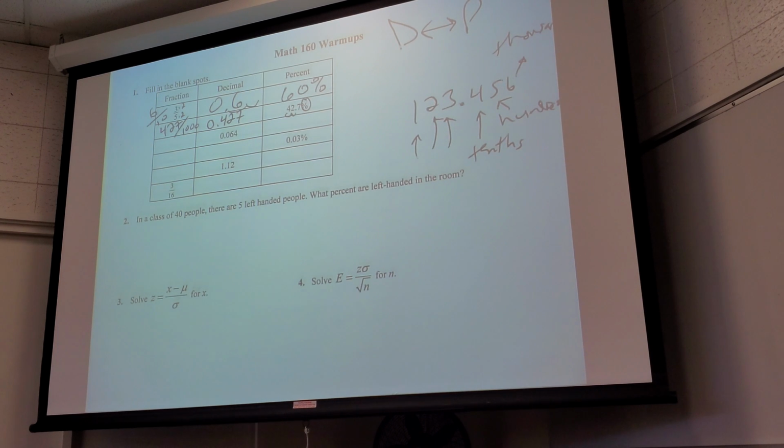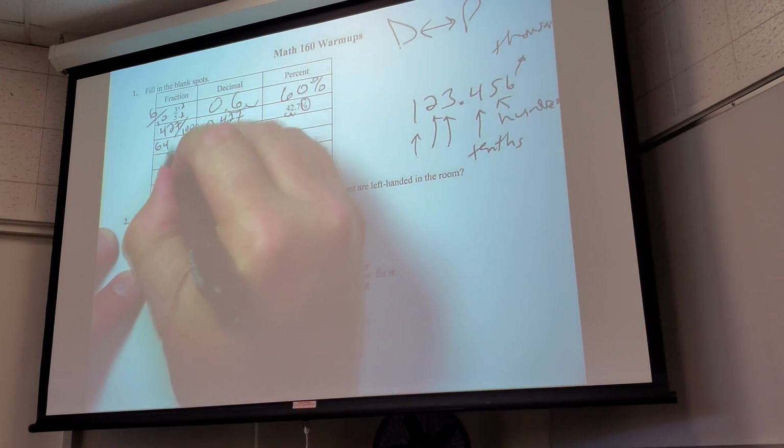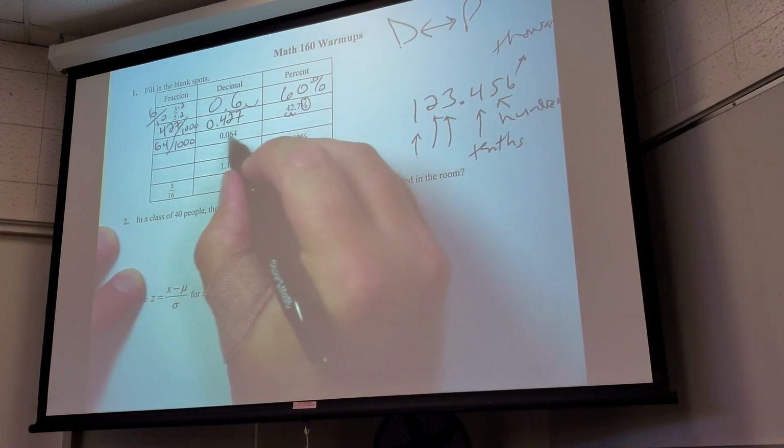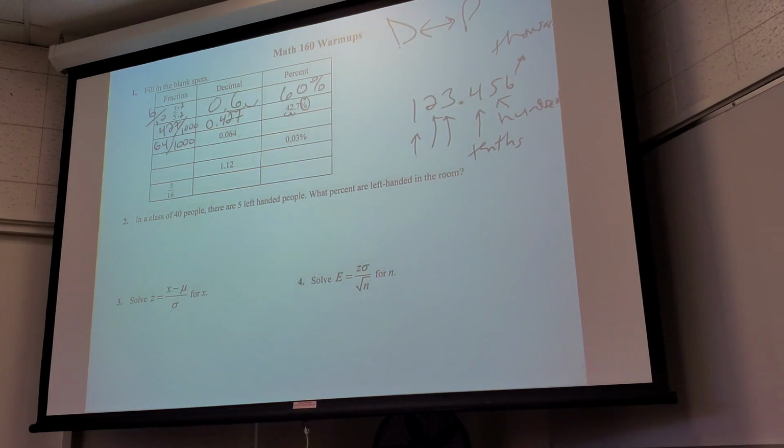Okay. The third row should be relatively easy now, right? It's basically the same as the second row. What is that as a fraction, that decimal, 0.064? 64 over what? 1,000. I love it. Because that's in the tens, hundreds, thousands. How many decimal places are in 0.064? 3.